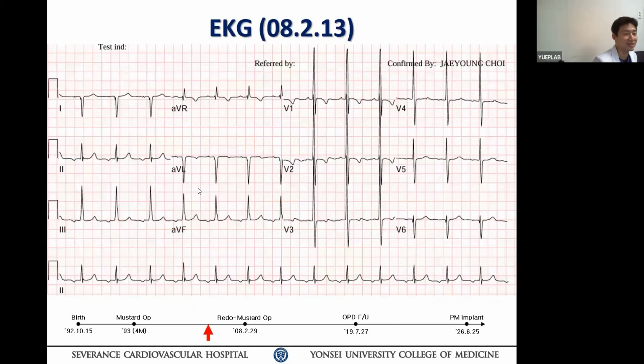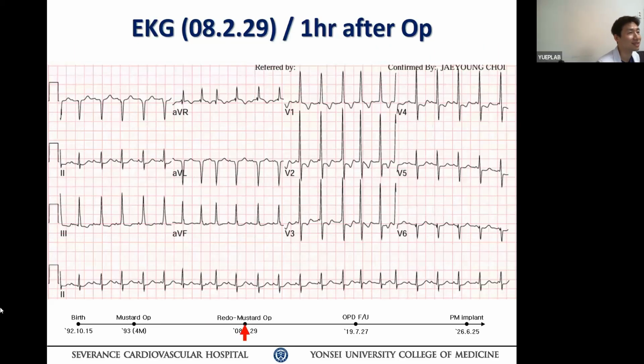The atrium is almost normal. However, he underwent the Mustard operation. During the Mustard operation, there are a lot of sutures in both atria, so it's very easy to develop interatrial conduction delay. So atrial rhythm is very common in patients like this.